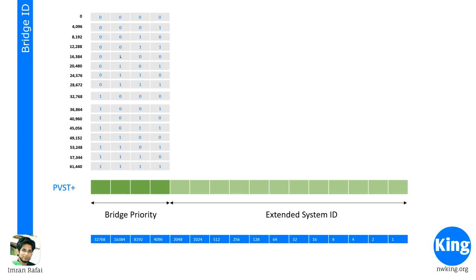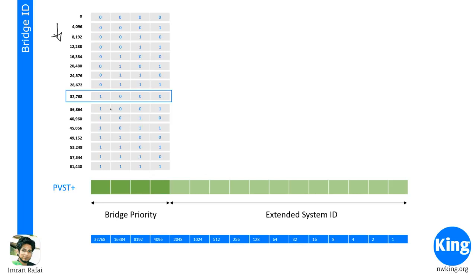Depending on any of these bits, if you change the bits, it would be one of these numbers. So you have these 16 combinations, and each of them has an increment of 4096. So by default, all Cisco switches have a priority of 32768, but you could choose any of these numbers as a priority, right? These are the only valid numbers that you can use for your bridge priority.